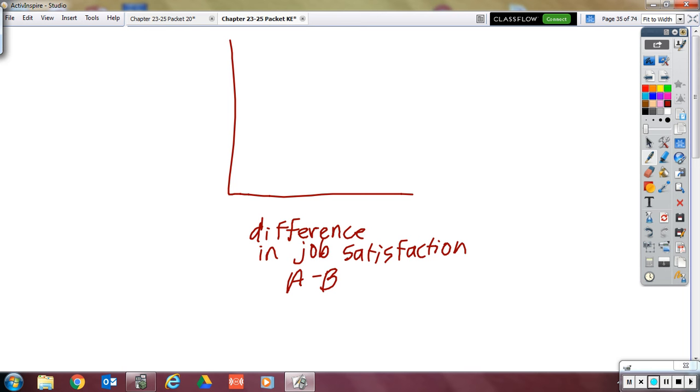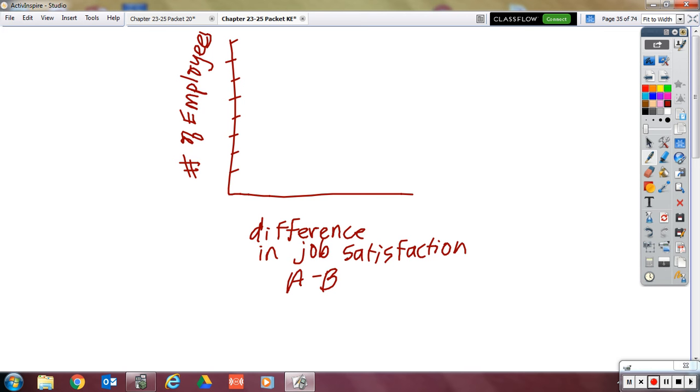You do not put down there its job satisfaction score. No, it's the difference in their job satisfaction score. Okay? And then what are the counts? What are each one of the pieces of data coming from? An employee. So over here is my number of employees that have those particular score differences. All right.